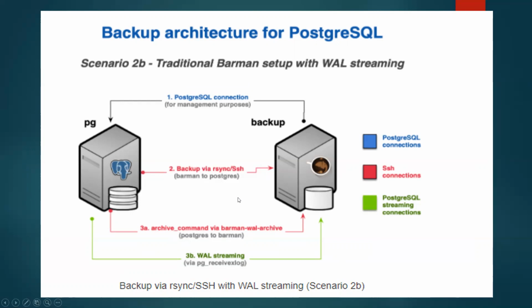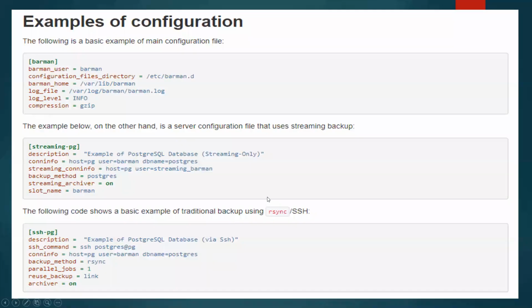But here it's different, where you're using rsync, and in this case, using barman-wal-archive together with pg_receivewal. So I can say Barman is really, really flexible. When I look at some of the configurations that can be done as far as WAL is concerned, I really like it. And these are some of the parameters that you can set in the configuration files when you're doing either streaming or SSH.